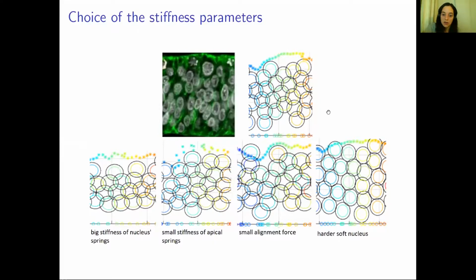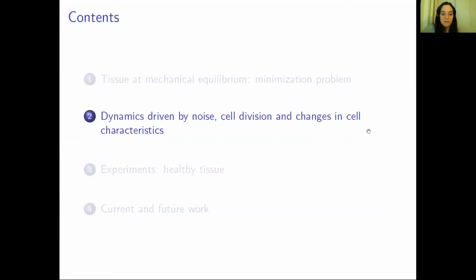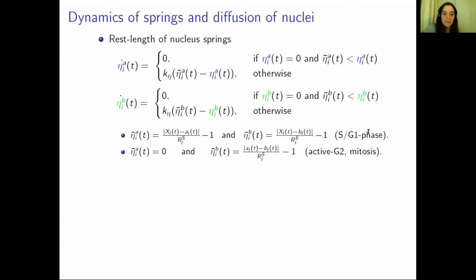Okay, then the rest lengths of the springs will be chosen dynamically in time. So we assume that the springs are adapting to the local environment, and this was a critical observation that allowed the model to finally reproduce the dynamics of the tissue.